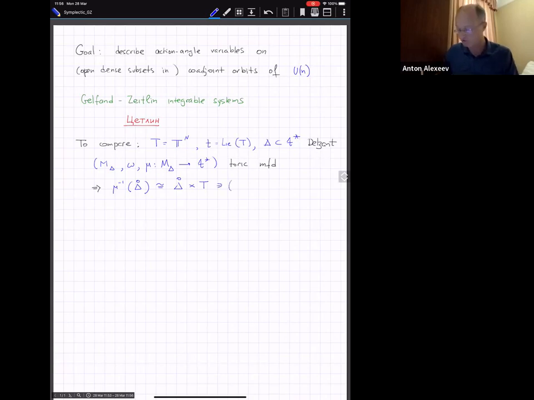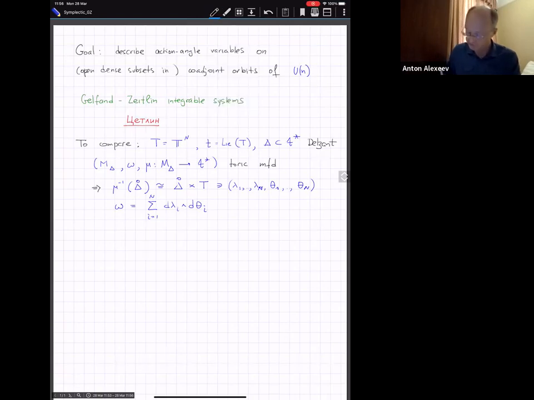So if we denote the corresponding coordinates, lambda 1, lambda n, theta 1, theta n, the two form on M delta has the following form. And so that's something like that we want to see for coadjoint orbits of UN.